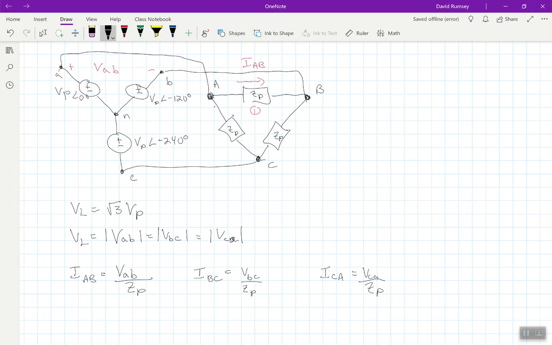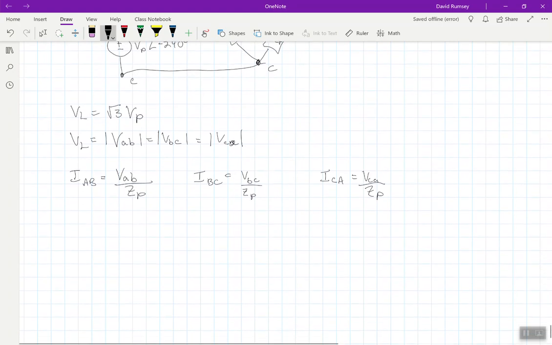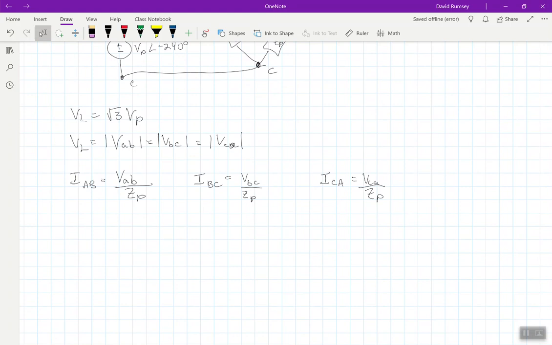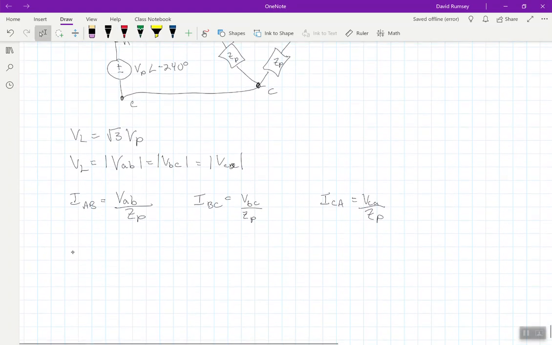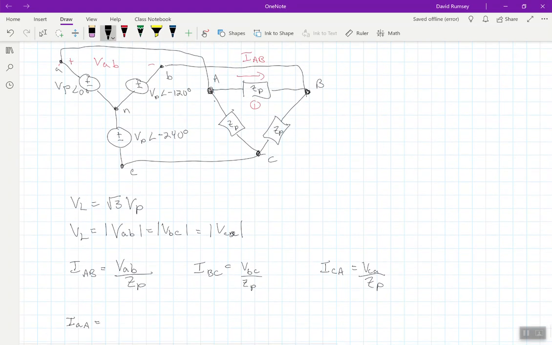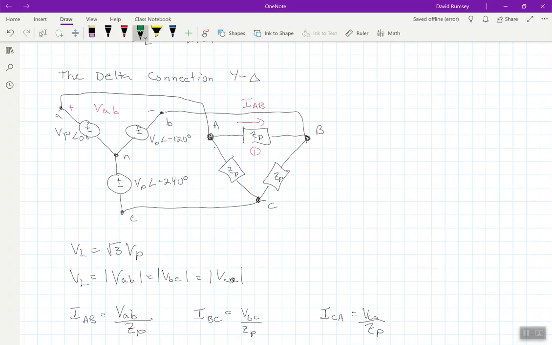And then if we want to figure out what little a capital A current is, we can just use a nodal analysis. This is I little a capital A, coming in here. And if I draw all of these other currents in here, this is IBC, and this is ICA.